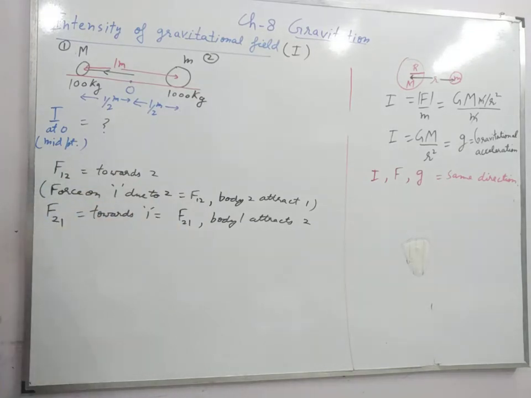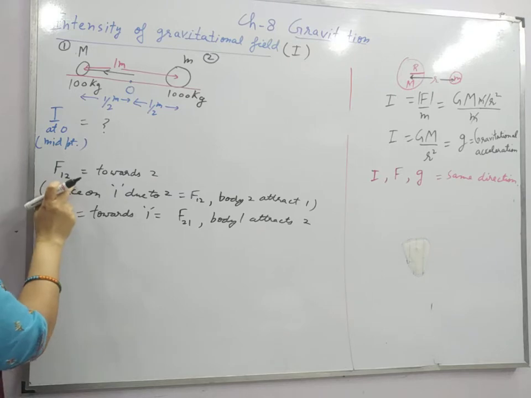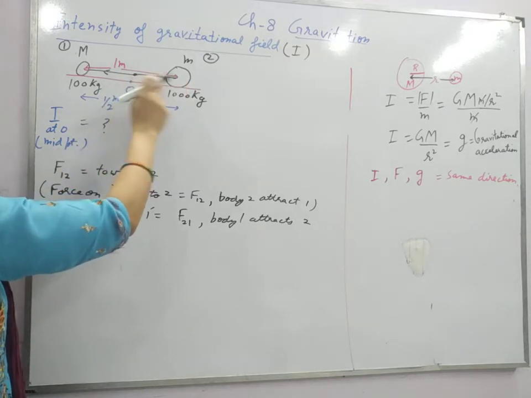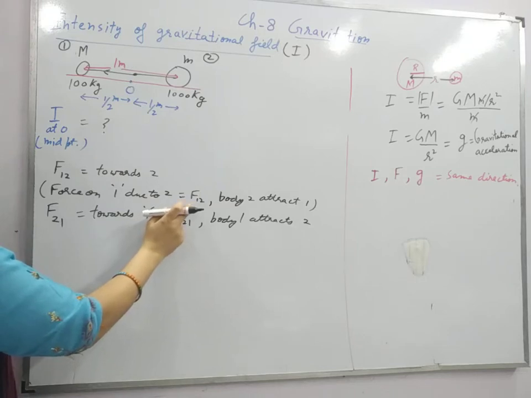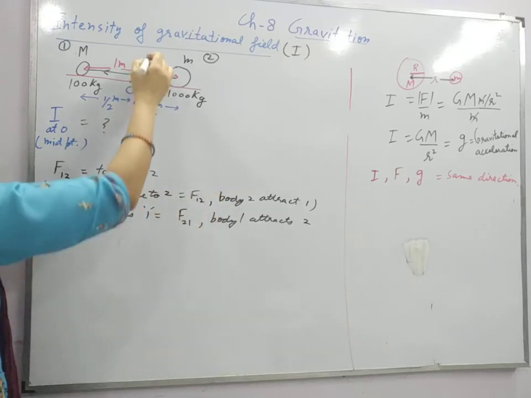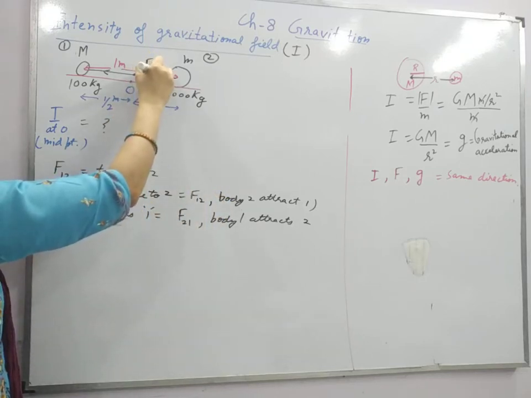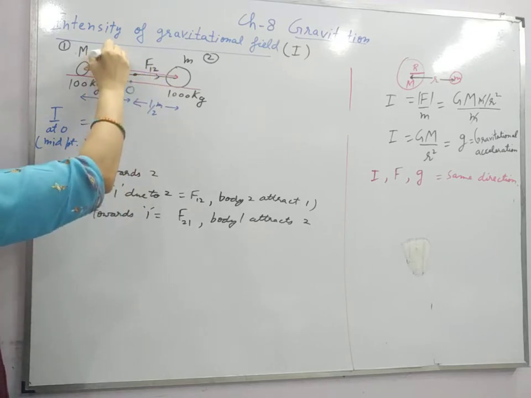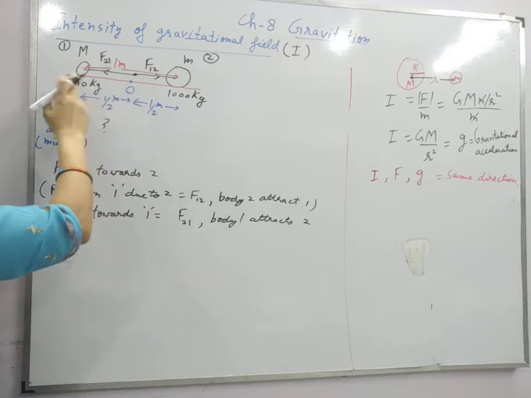So I can mark these forces here. Force on 1 due to 2 is towards 2, so it is here, and force on 2 due to 1 will be here.